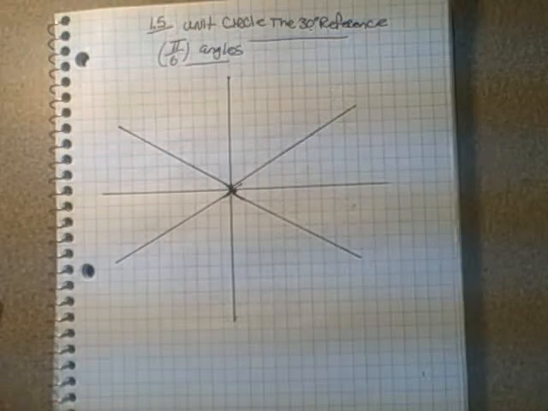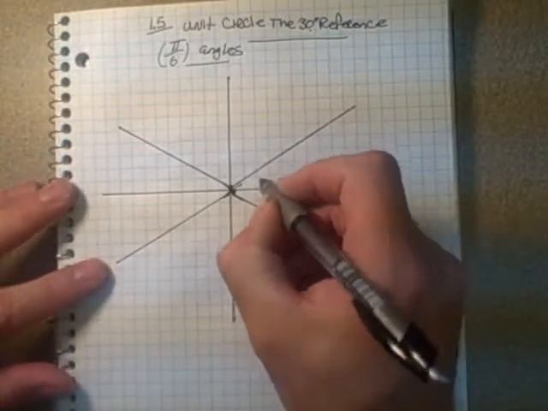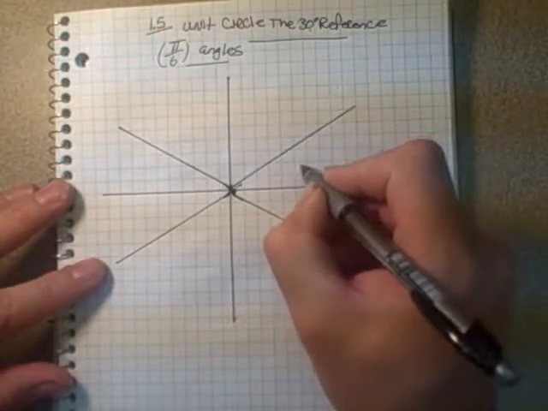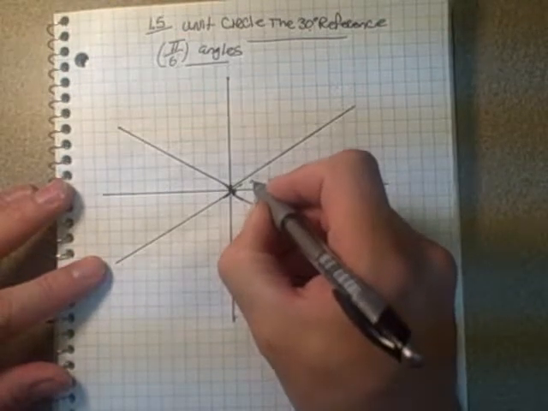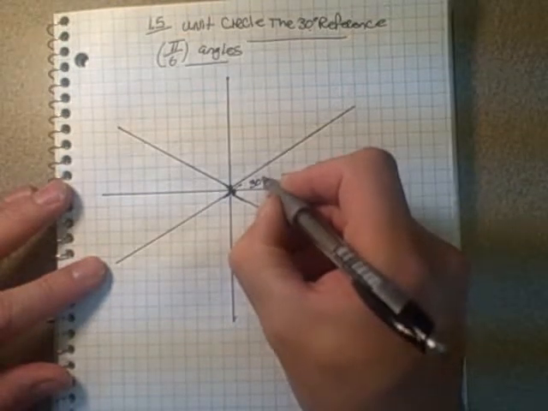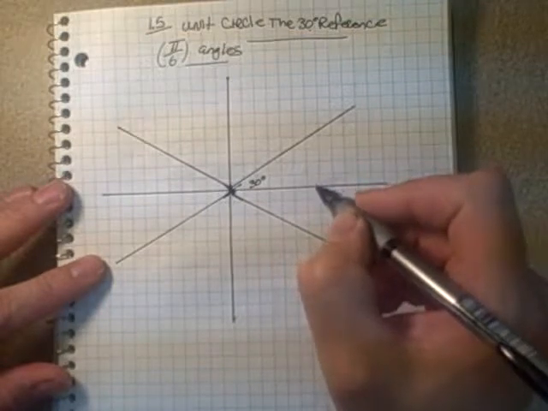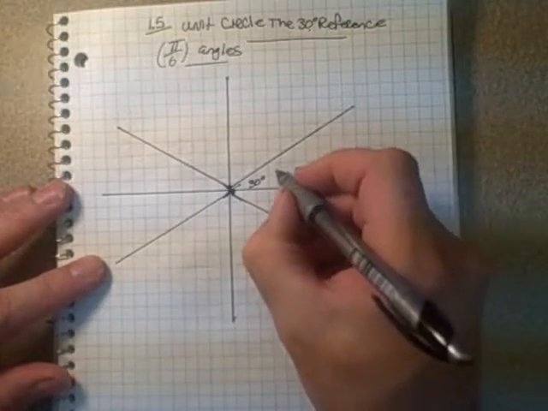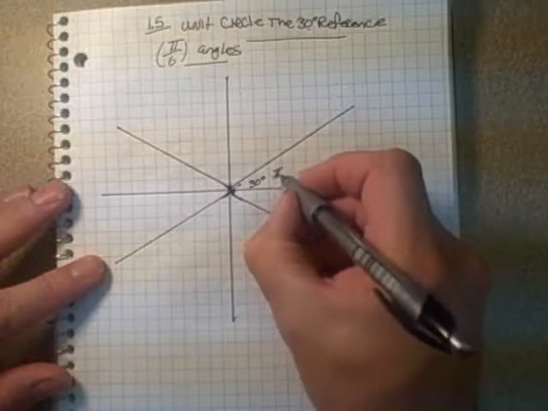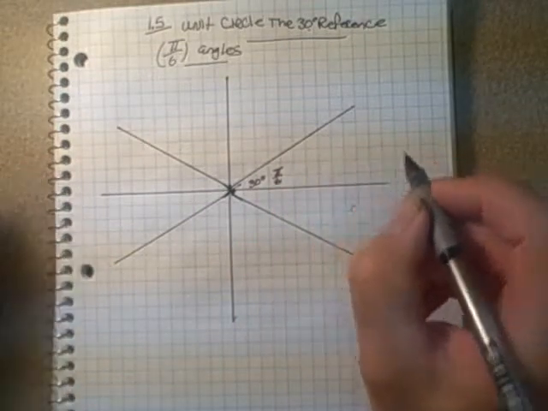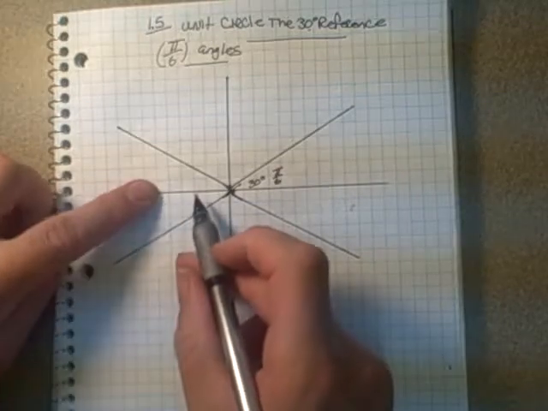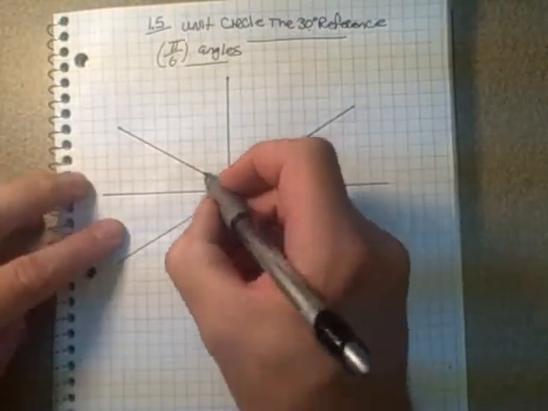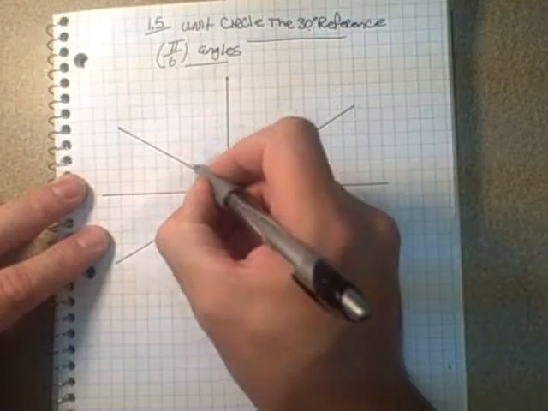Now, once you've got the 30 degree ones, you write them in. So we know that this is obviously 30 degrees. That's the 30 degree reference angle. What is that in radians? That's pi over 6. Continuing on to this one, if this is 30 degrees, this next angle is at the 150 degree mark.